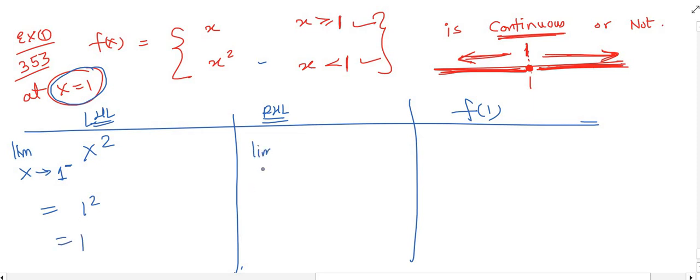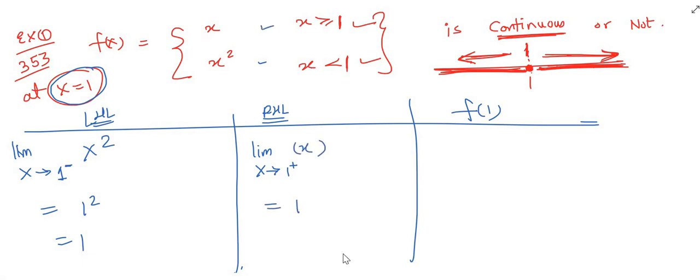Now RHL, limit x tending to 1 plus, little bit more than 1. So what should we take? Little bit more than 1, I think, is this one, is x. Just put 1, so it is 1 only. And what is the functional value at 1? When it is equal to 1 it will be this, which is x.